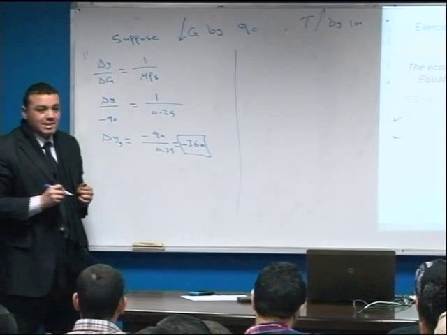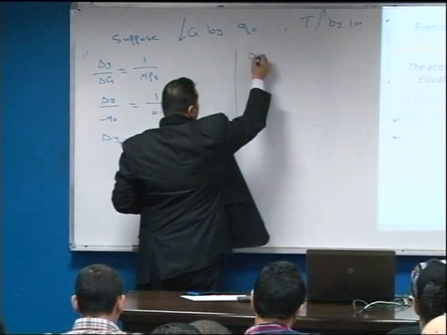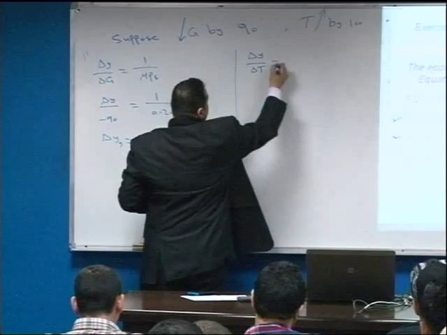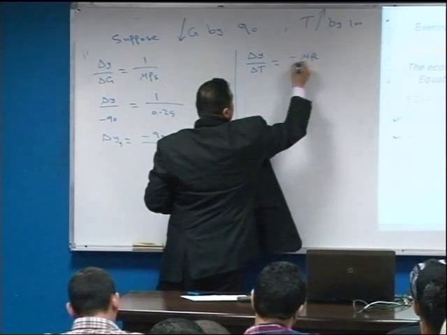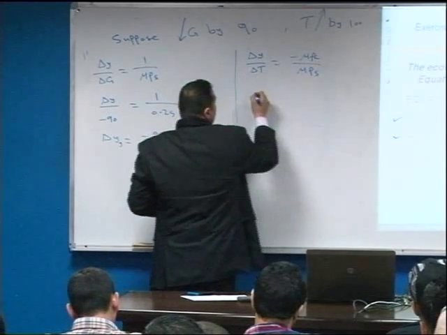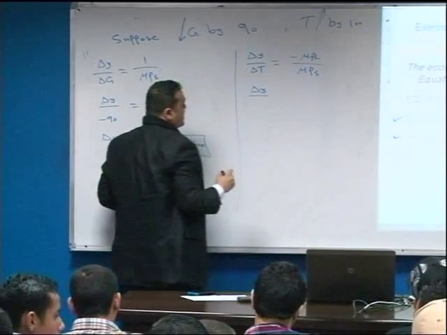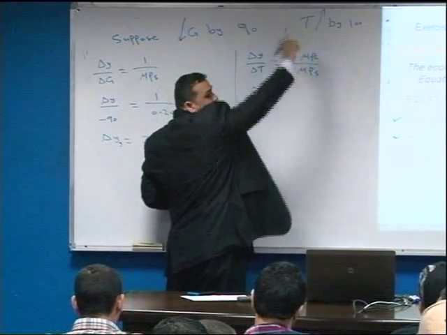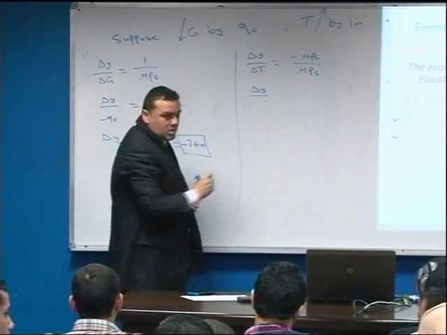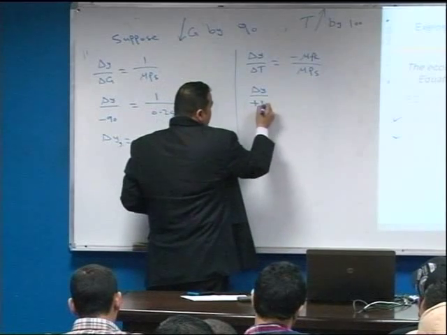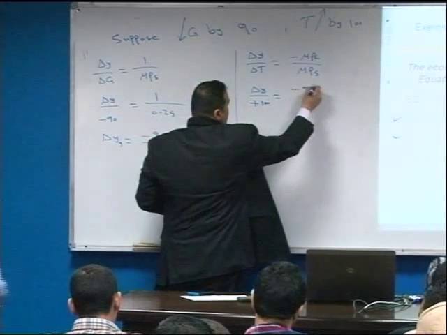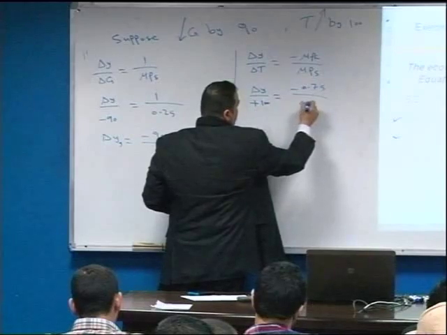What about the delta Y T? Delta Y over delta T equals minus MBC over MBS. So delta Y over delta T, increasing by $100 million, so it would be positive 100, equals minus 0.75 over 0.25.